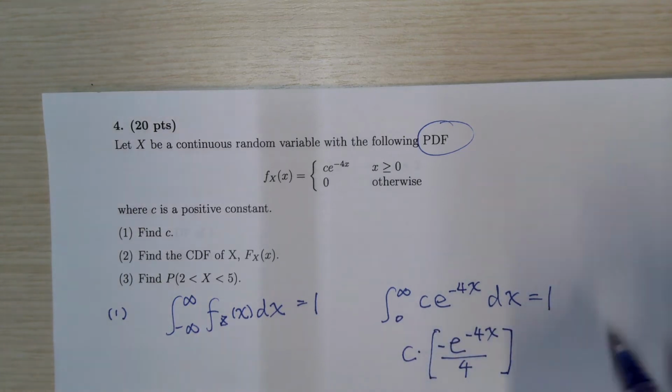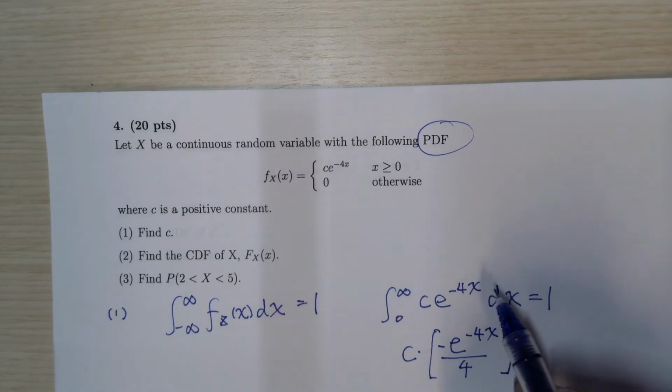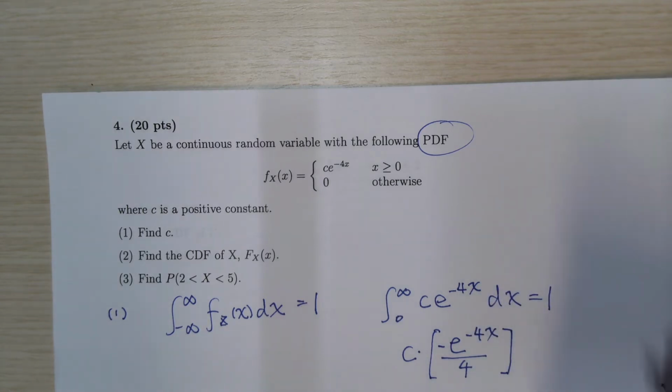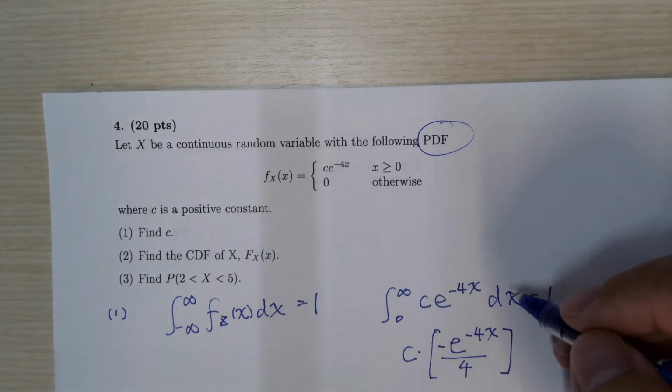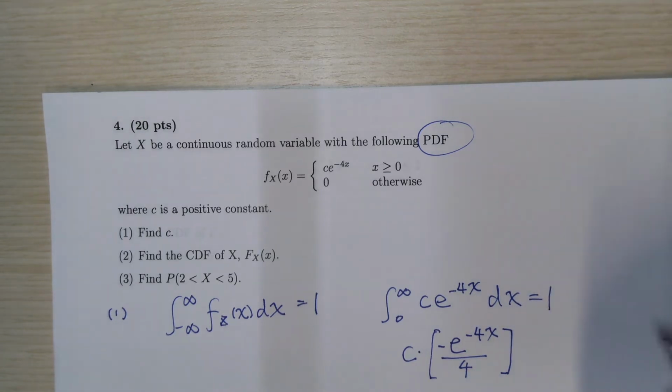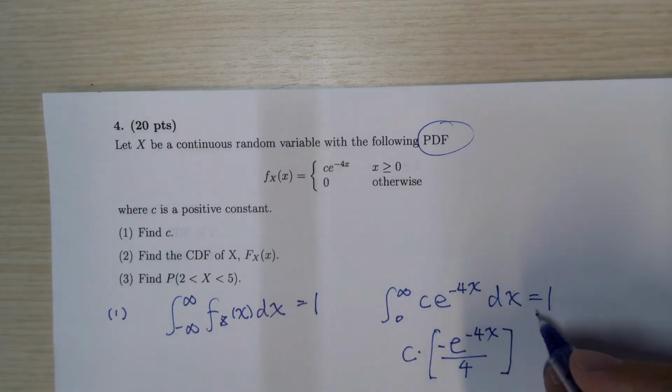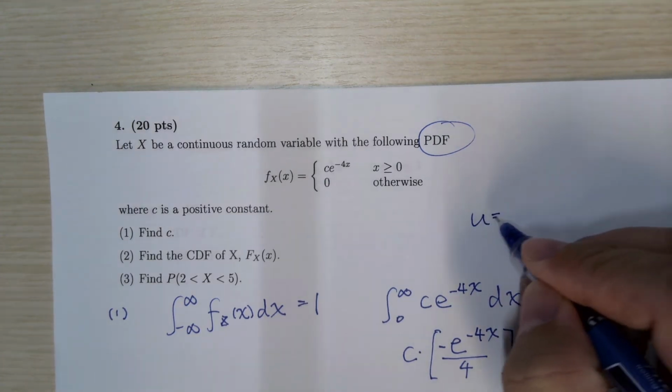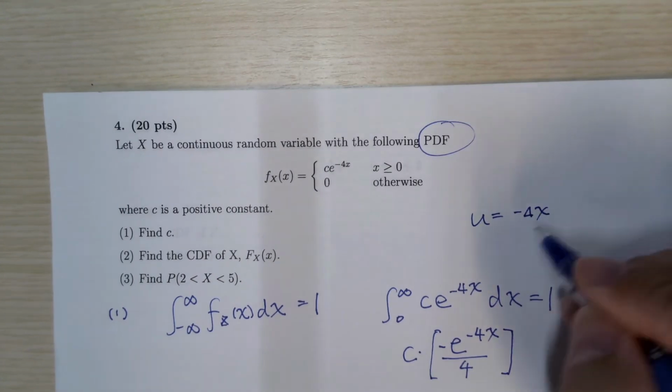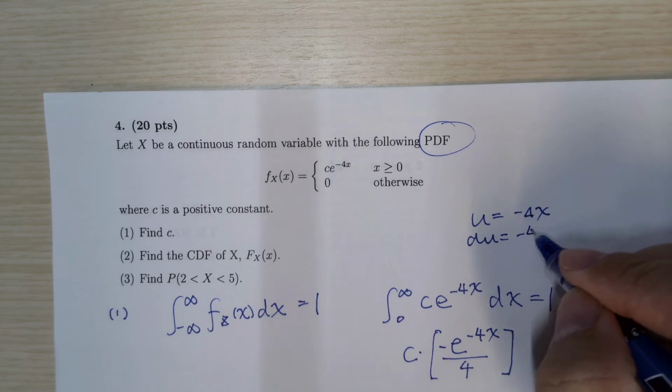It's easy to do by substitution. Let u be negative 4x. If you set u equals negative 4x, then du equals negative 4 dx.